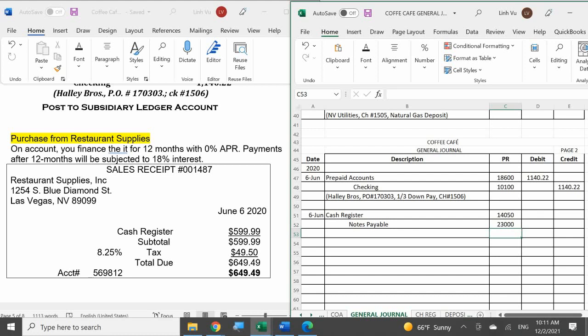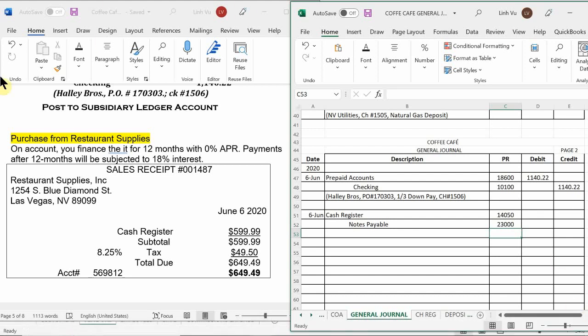Sales tax is going to be part of the cost because we are purchasing a fixed asset. This is getting it to the store, but also getting it ready for service. In this case, it's a cash register. You just plug it into the wall and it will go. So in this case, I'm going to include everything, including the tax. So $649.49 is what I'm going to be recording.